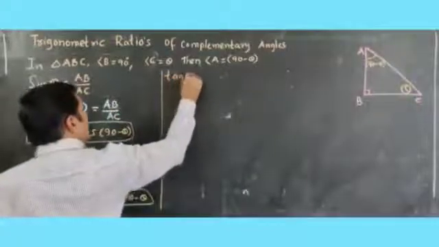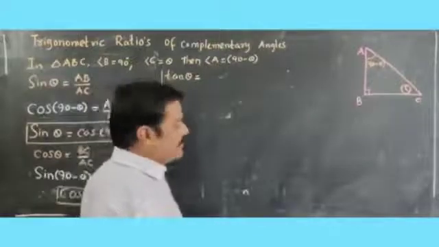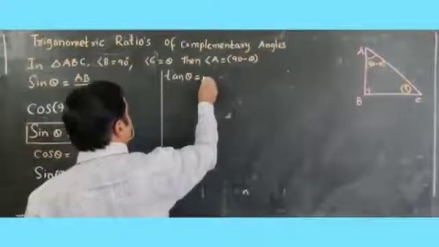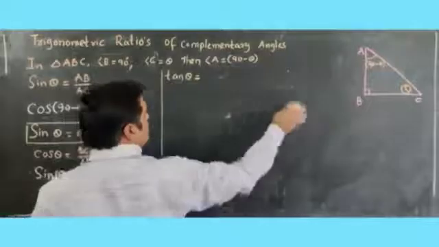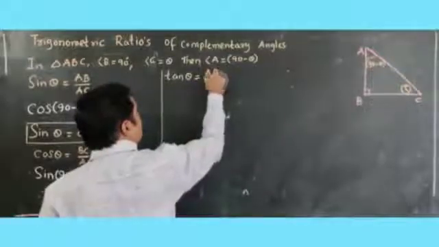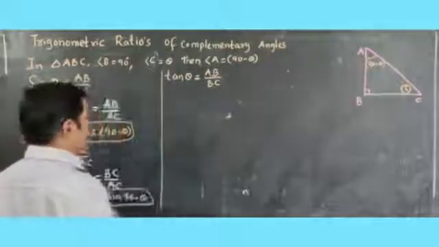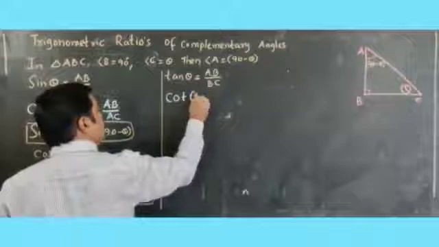Tan theta is opposite side by adjacent side. Theta's opposite side is AB, so tan theta is equal to AB by BC. The same way cot 90 minus theta.